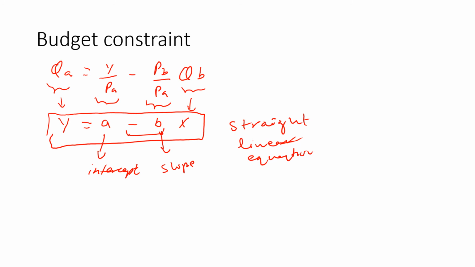And on a two-axis diagram, let's say we have QA over here and QB over here. This is our x-axis, this is our y-axis. The intercept term A will lie here, and here the intercept is y over PA.